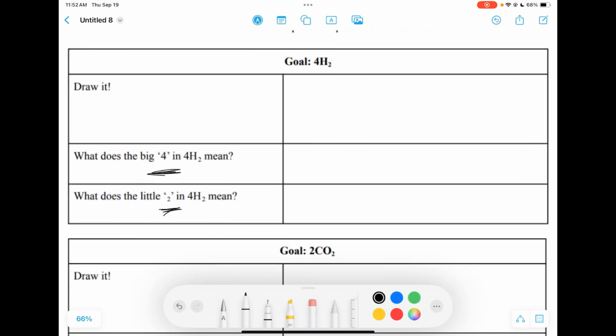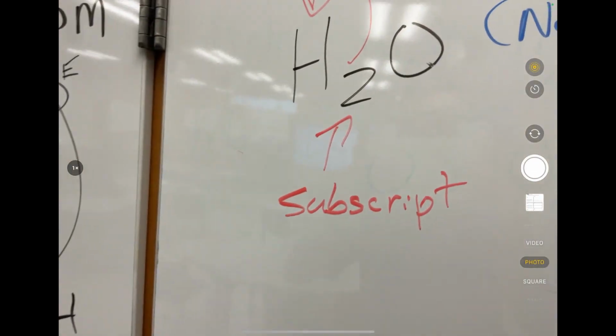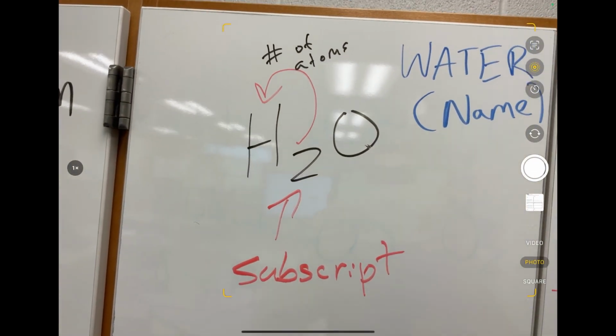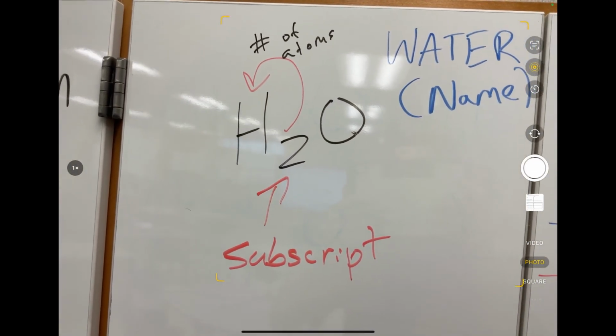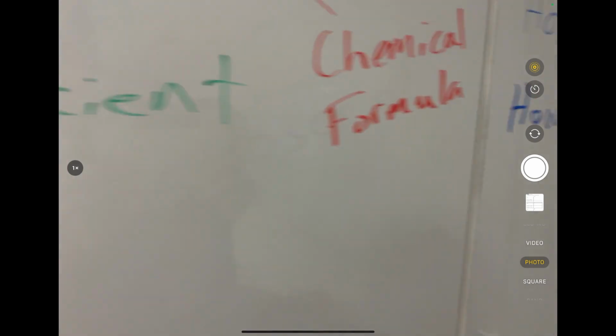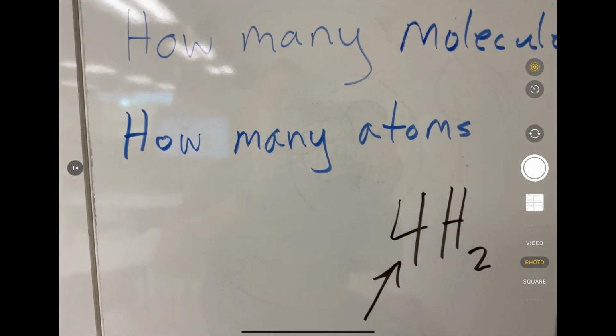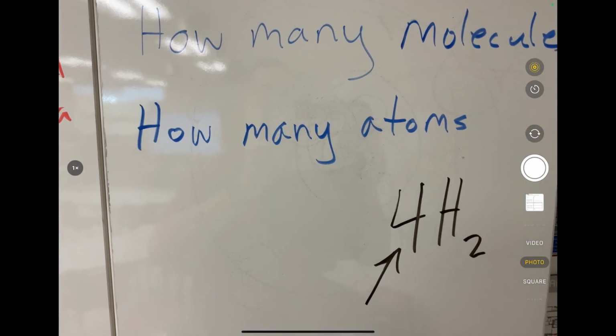The little 2 in 4H2, by contrast, is not telling us the number of molecules, but if you'll recall, the subscript tells us the number of atoms. So it tells us, hey, we need 2 hydrogen atoms. So you can write how many atoms for that box.